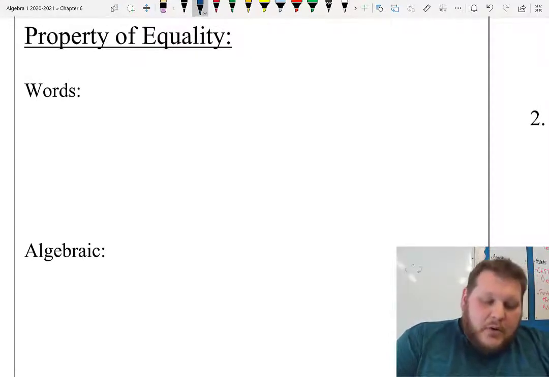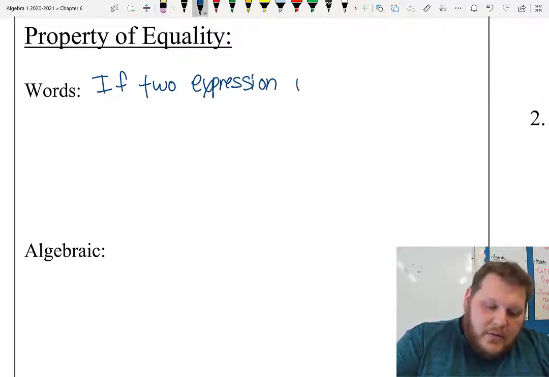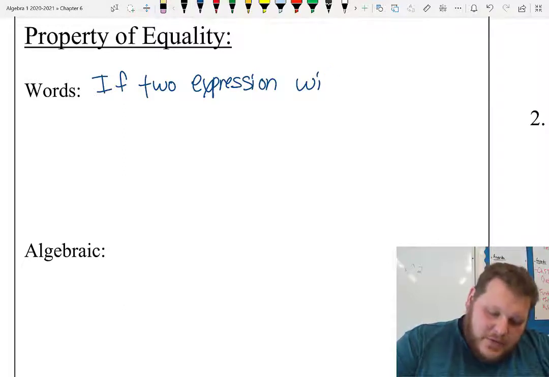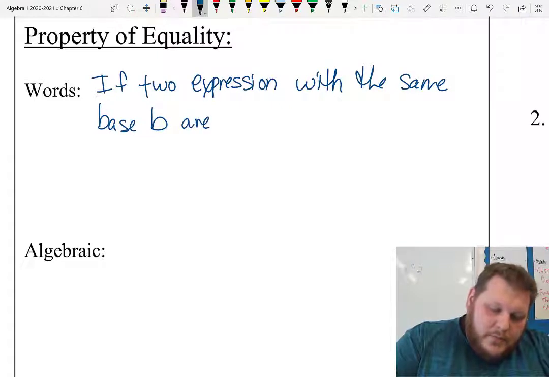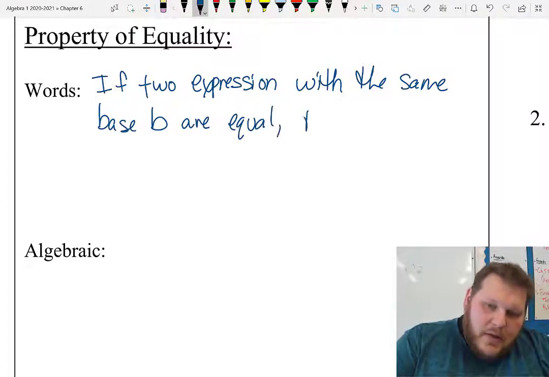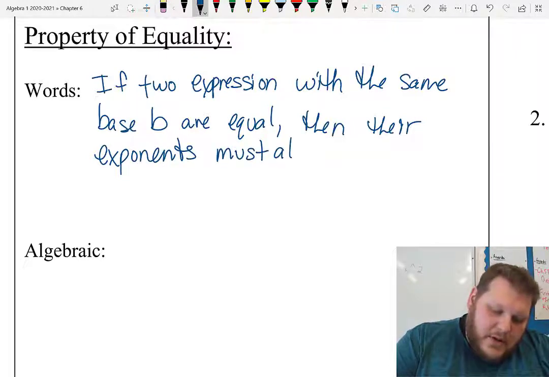So what the property of equality says is if 2 expressions with the same base, combine those words together, with the same base b are equal, then their exponents must also be equal.